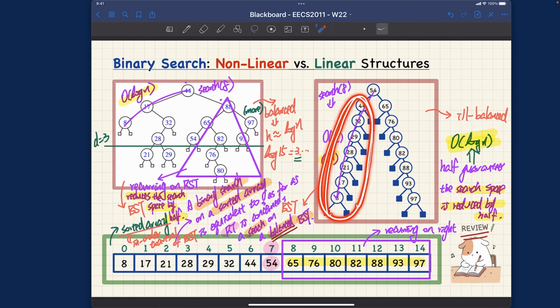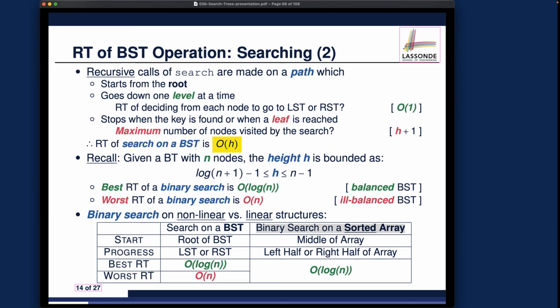So if I keep going this way, I'm not really reducing the size by half, right? I'll try to revisit this point again next week when I talk about the search property. But it's really important for you to understand the intuition here and also the table over here.